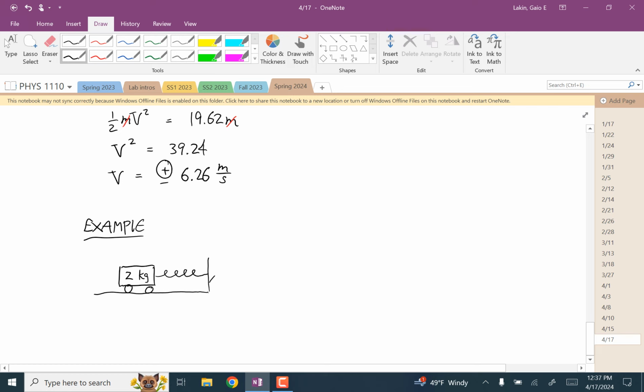And it's attached to a spring that has a stiffness constant of 400 newtons per meter. So let's say we pull the cart back until the spring is stretched 8 centimeters from its resting length. So we'll pull it back 8 centimeters from rest.